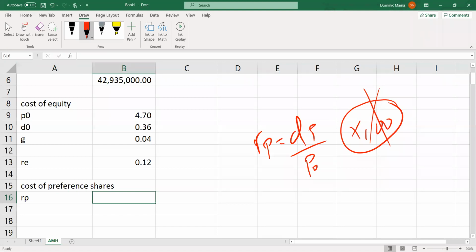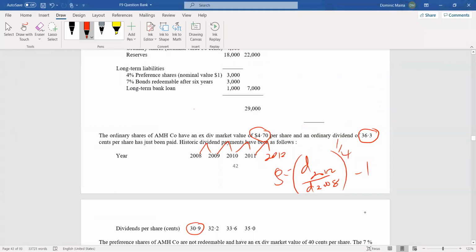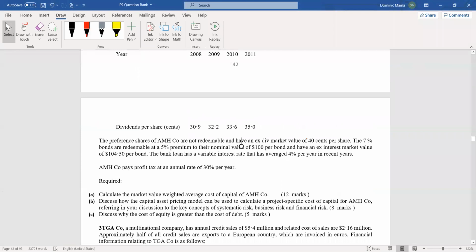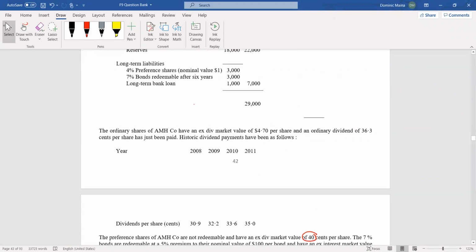Let's go back to our question. The preferred dividend for the company's preference share is 4%, a 4% preference share with a nominal value of 1.